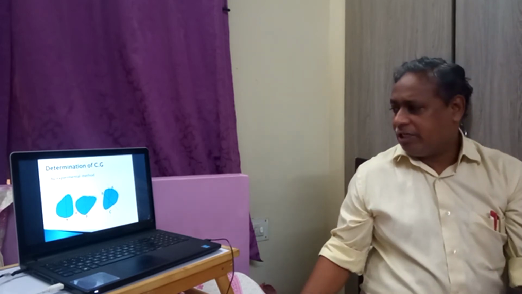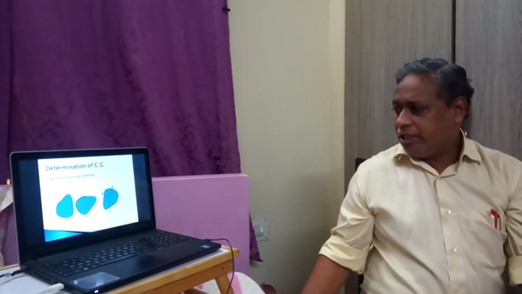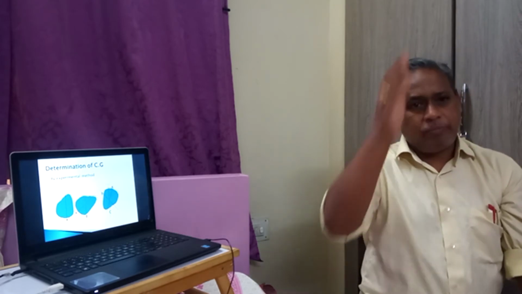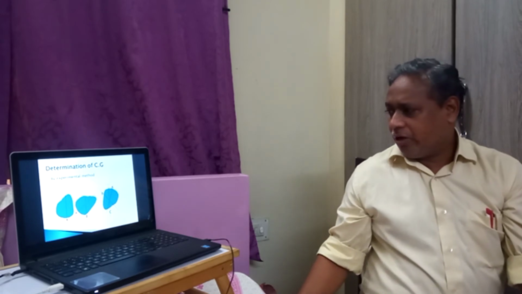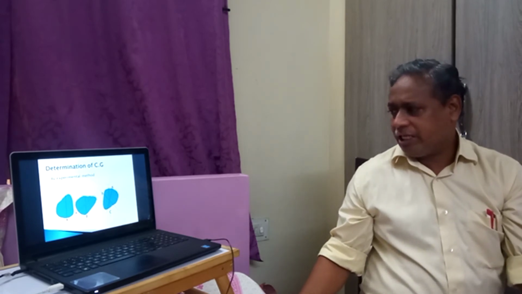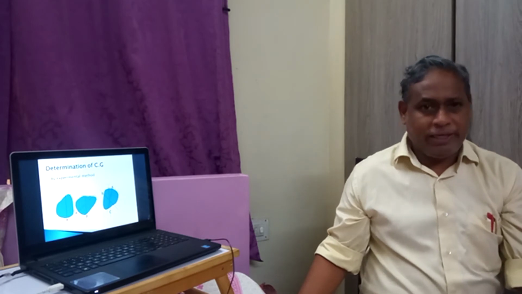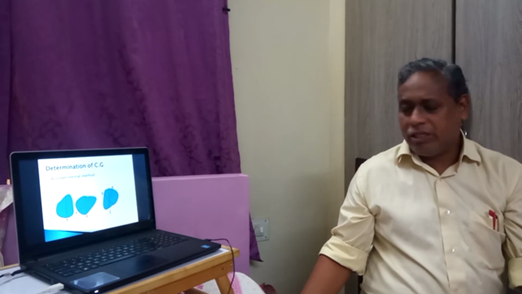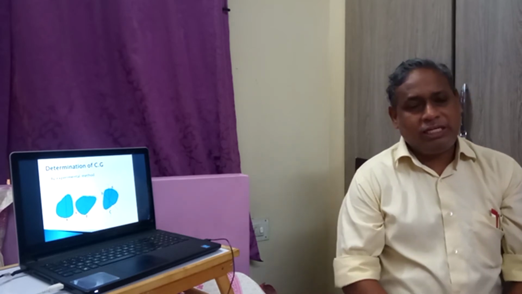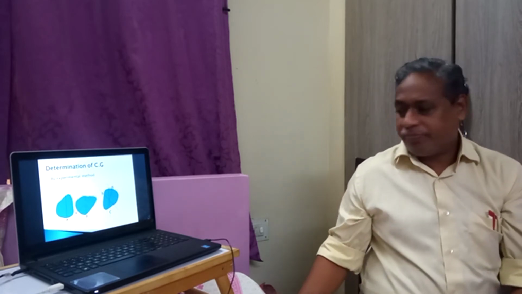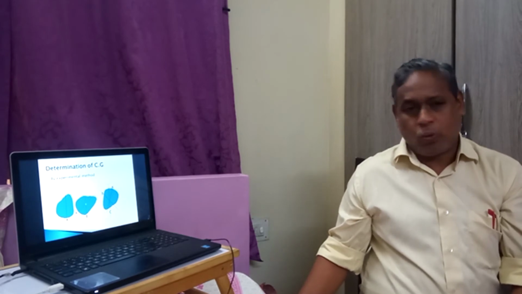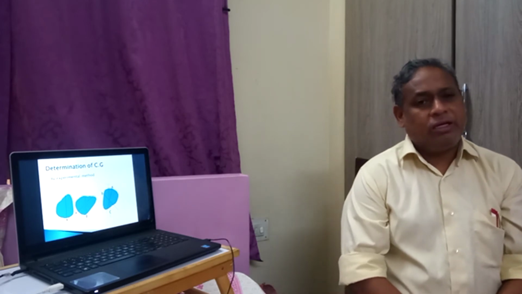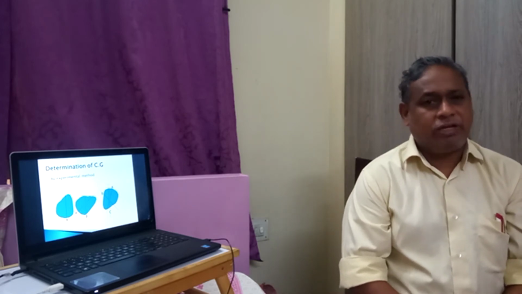That line, let us call it B. Initially it was passing through the straight line A, and afterwards, after changing the direction, it has passed through B. Similarly, if we change the direction again, it passes through the line C. So all these 3 lines intersect at some point. Let us say this is O. That is the centroid of the body, or center of gravity of the body.